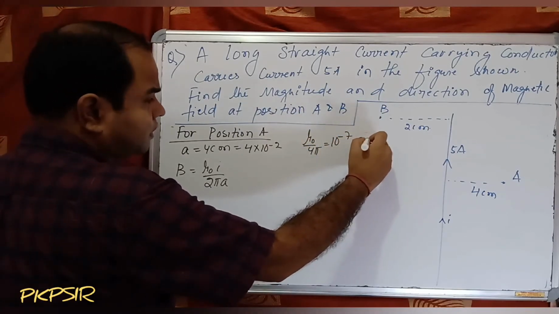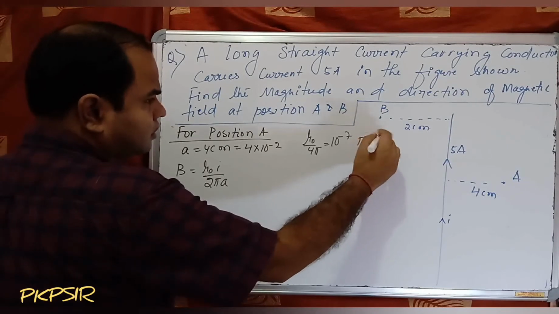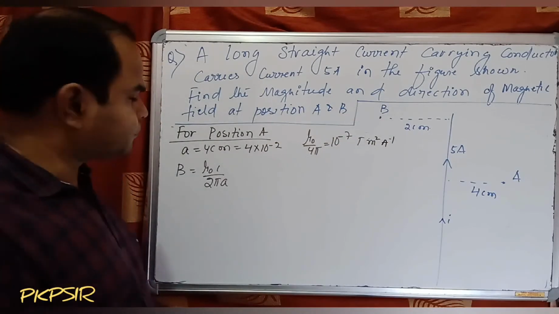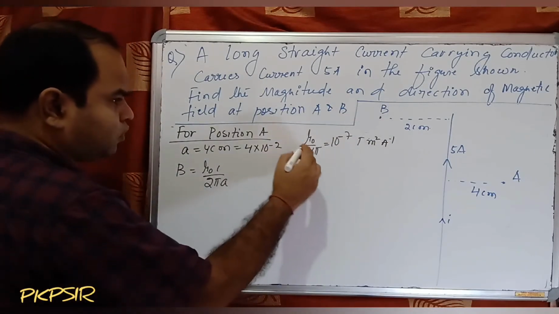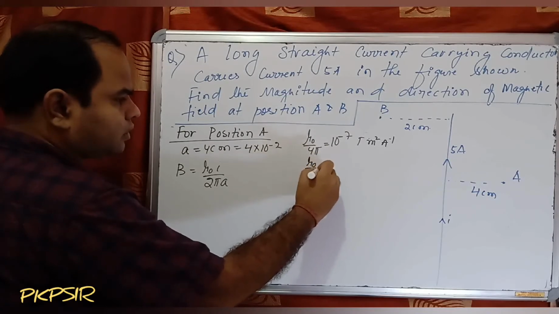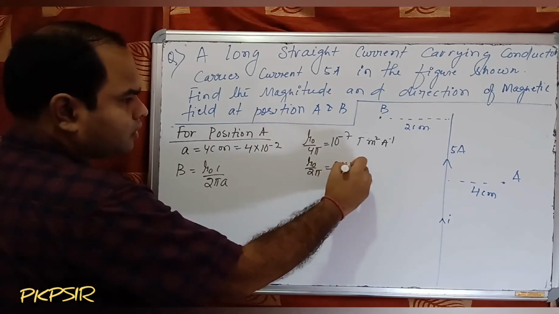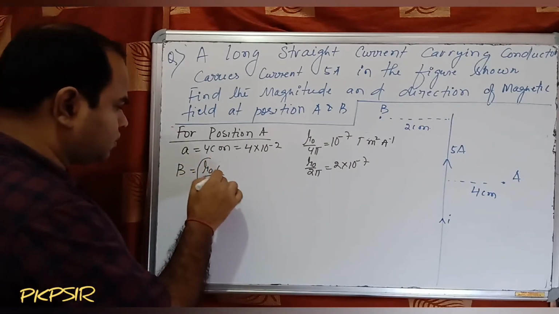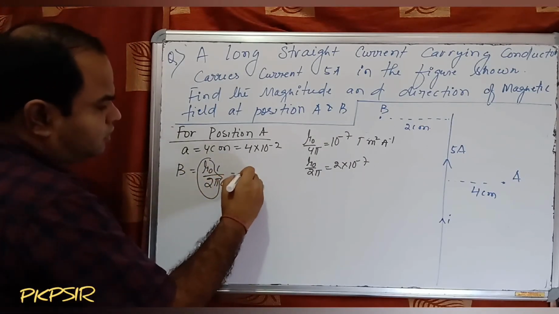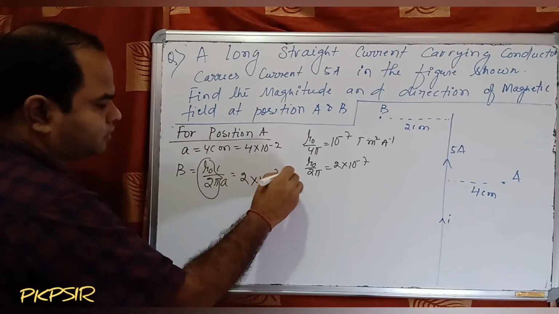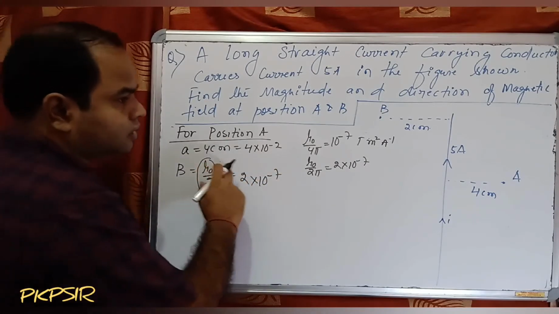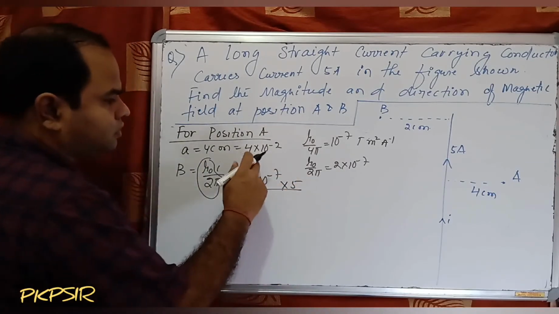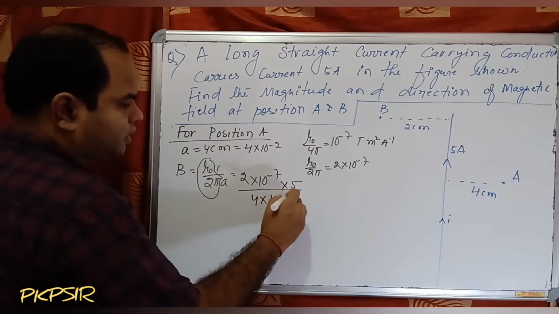meter per ampere. So mu naught by 2 pi will be 2 into 10 to the power minus 7. The current is 5 ampere and the distance is 4 cm, that is 4 into 10 to the power minus 2.